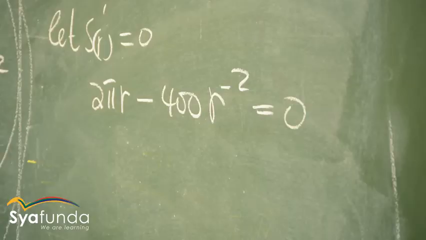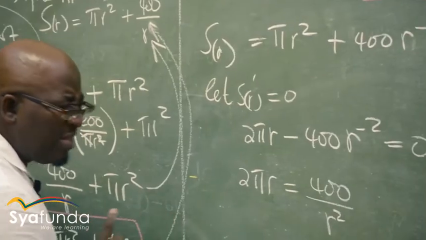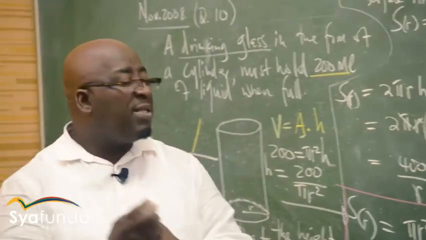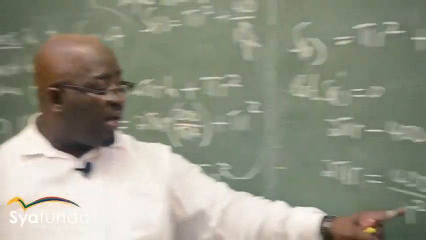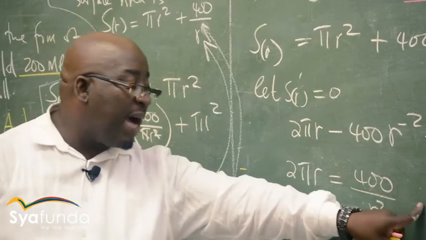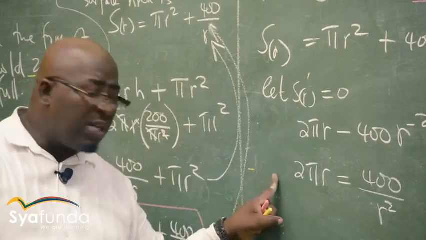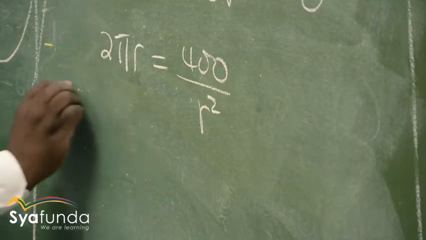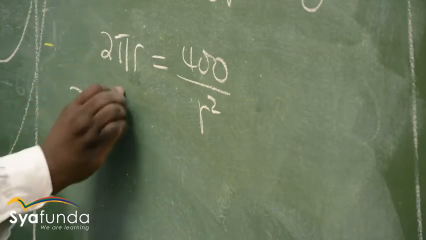Then all that we need to do now is to solve for r. What is it that we're looking for? We're looking for r. Now, how do I get rid of r this side? I multiply it by r squared this side and also multiply it by r squared this side. When we multiply by r squared this side, we're going to have 2 pi r cubed now.